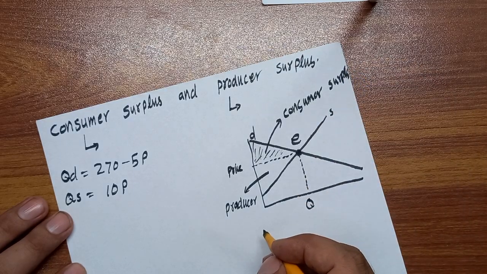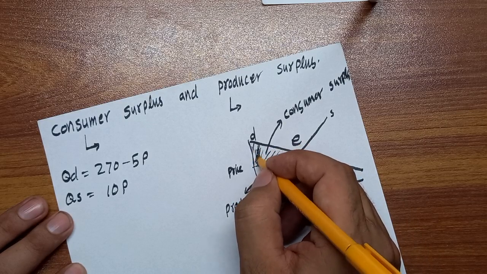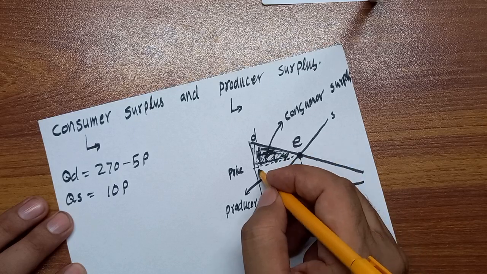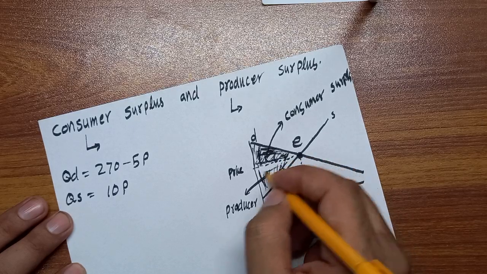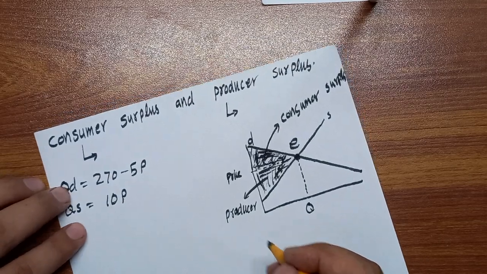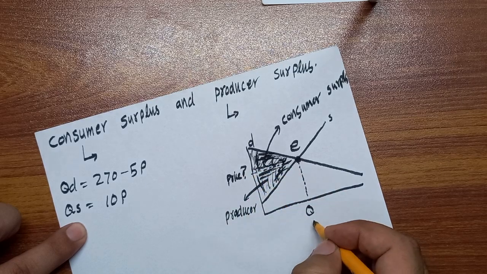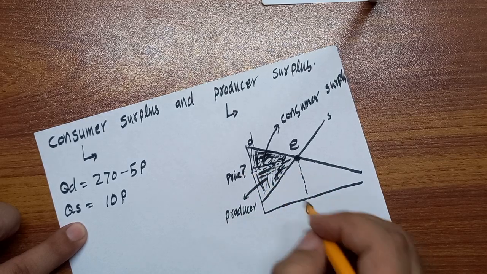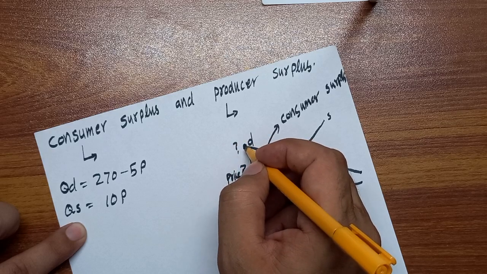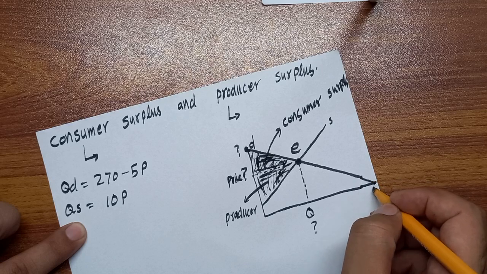So now we will find this area and we will also find the producer surplus. First we should find the price, we should find the quantity, we should find this point, and we will also find this point.